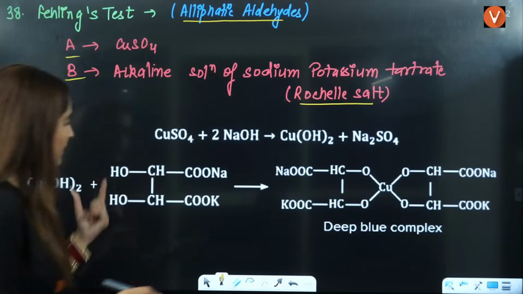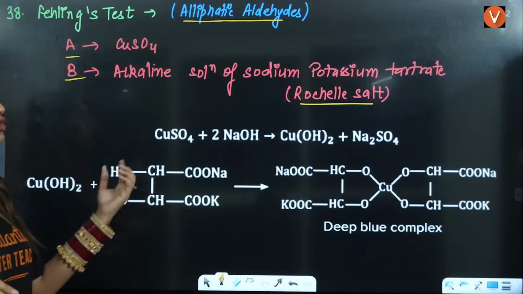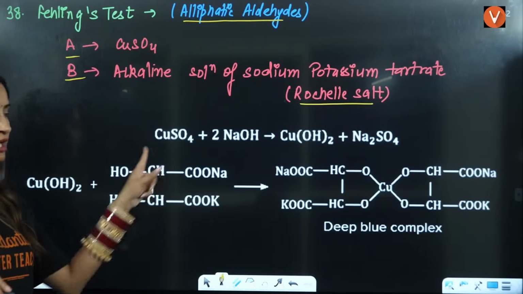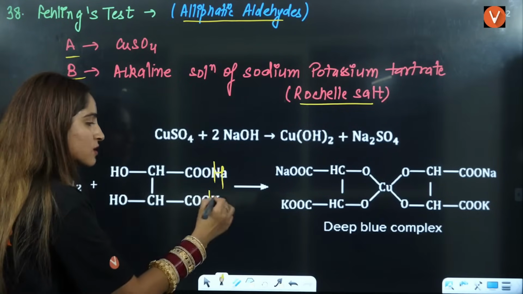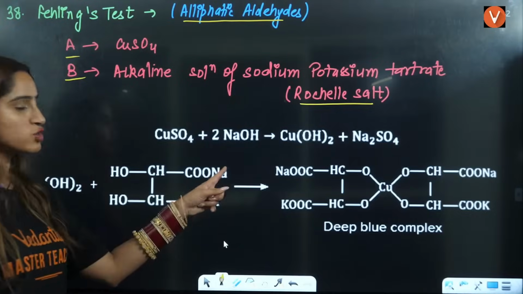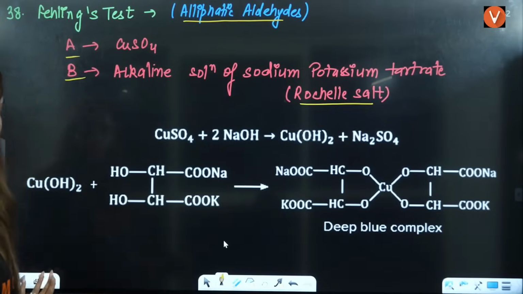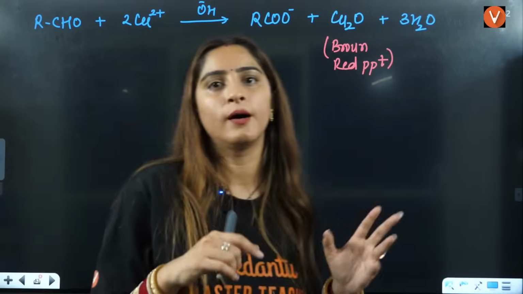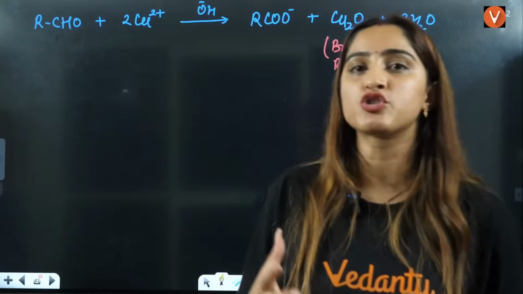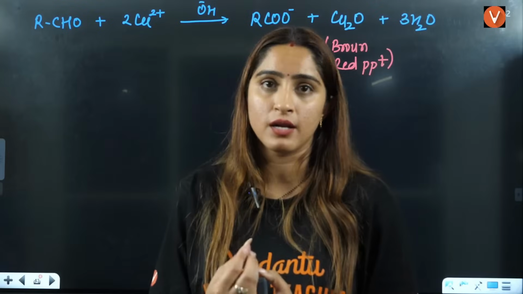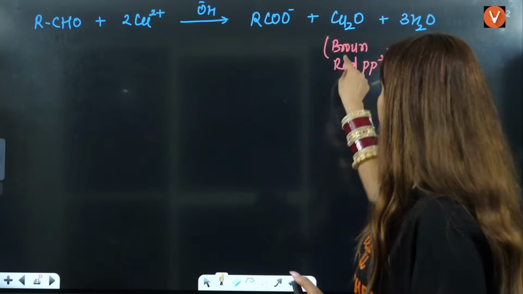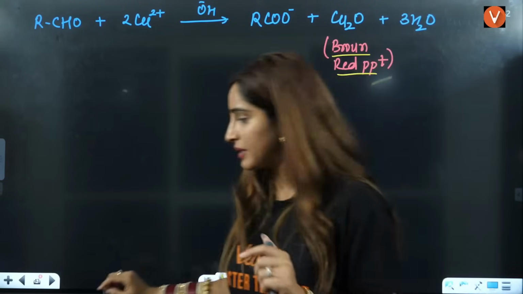Basically this is tartaric acid, and this is sodium potassium tartrate. In Tollens' test you have the formation of an Ag mirror, that is silver mirror, on the tube, but here you have the formation of brown red precipitates.